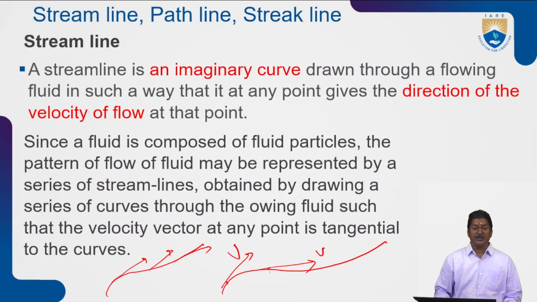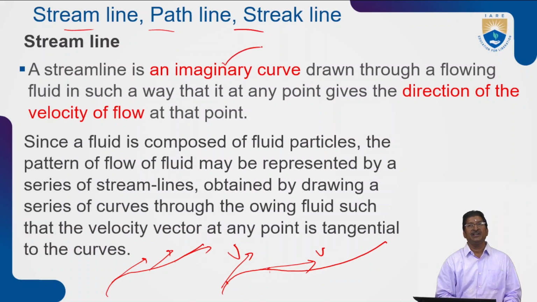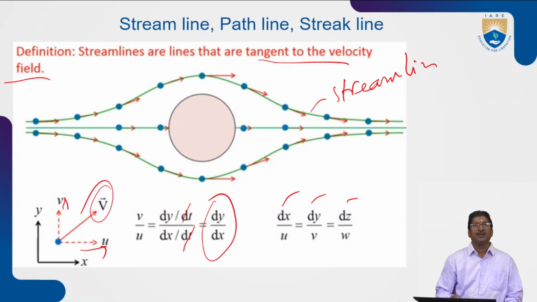today. Okay, so streamlines, path lines, and streak lines. Streamline means the imaginary line which gives the direction of velocity of flow with a tangent. Okay, that is a streamline, and the streamlines are fixed if it is a steady flow and it is not changing.